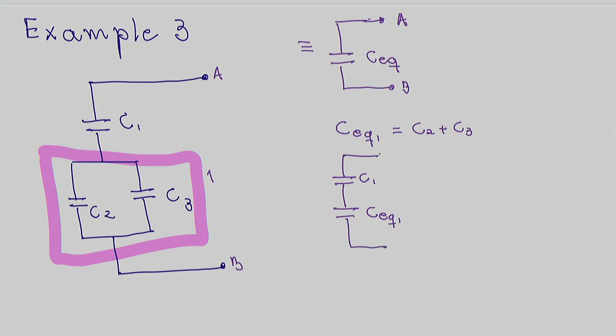And then what's the equivalent capacitor between these two nodes, A and B? Now it's the two capacitors in series, so you can say C equivalent, now final, is equal to C1 parallel operator C equivalent 1. Yeah? Sounds good? Great. Move on.